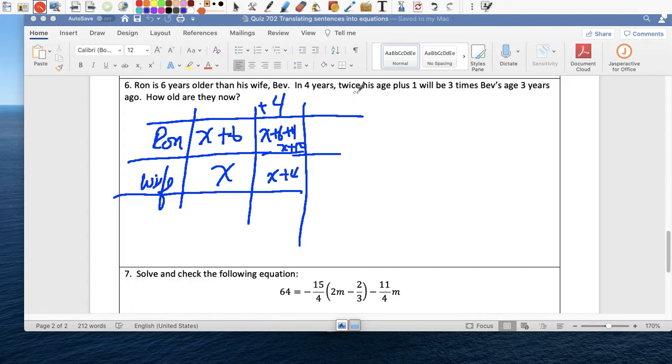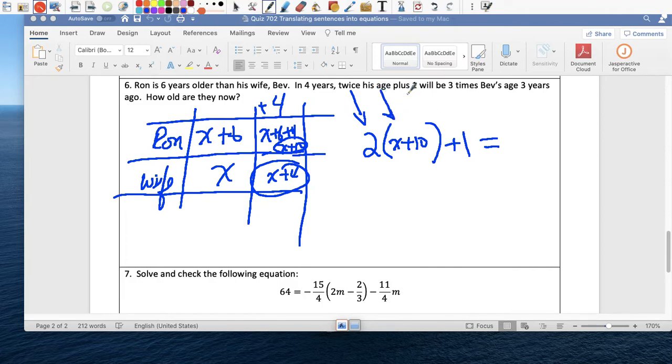So now let's use that to set up our equation. Twice Ron's age, which is 2 times x plus 10, in parentheses, plus 1 will be, is the equal sign, 3 times Bev's age 3 years ago.